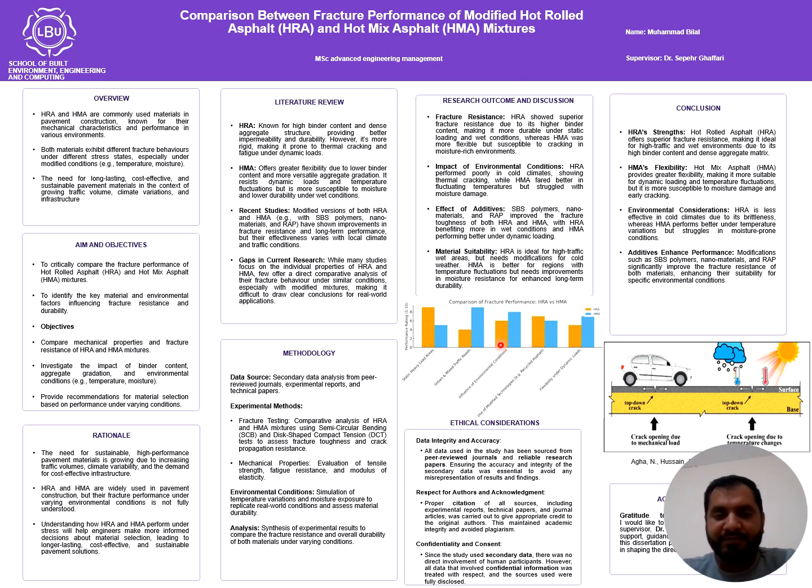The given graph shows the comparison of fracture performance of HRA versus HMA materials. Yellow bars show the fracture performance of HRA materials and blue bars show the fracture performance of HMA materials.